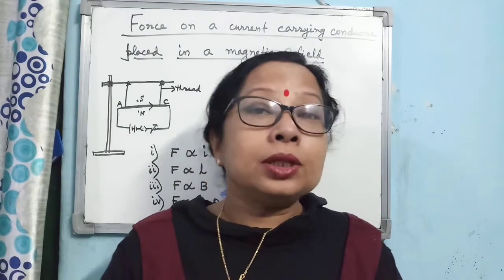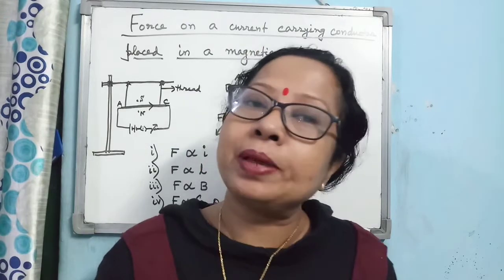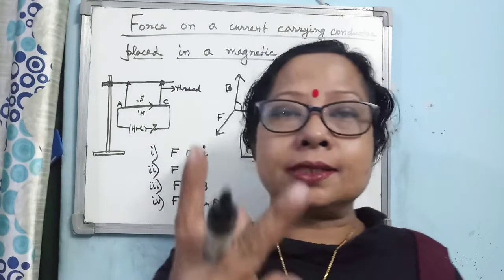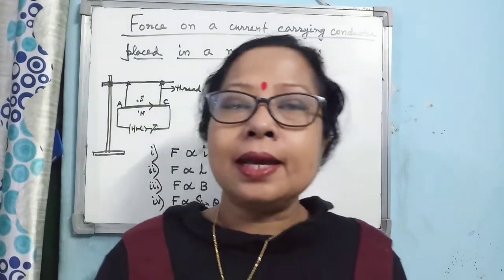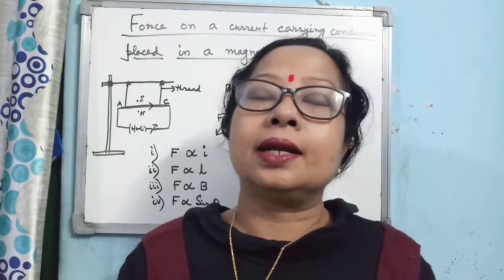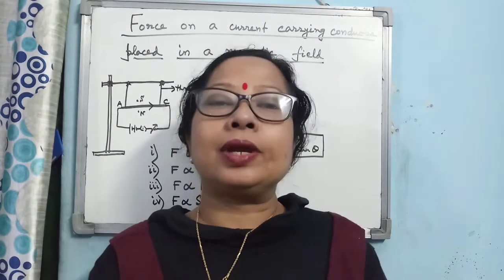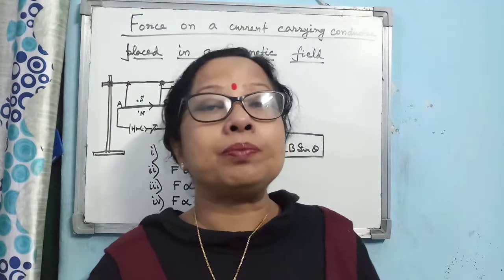Alright, so the question arises: why does a current carrying conductor experience a force when placed in a magnetic field? Two ways you can explain it. The first way I have already explained: current means the charges are moving within the conductor. When a charge moves in a magnetic field, it experiences the Lorentz force given by QVB sine theta.